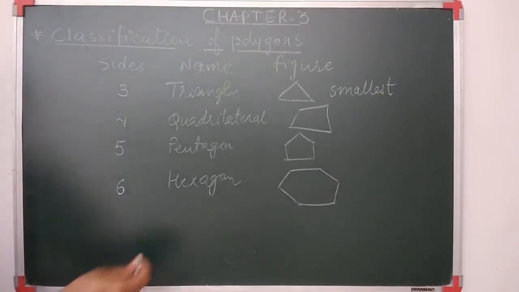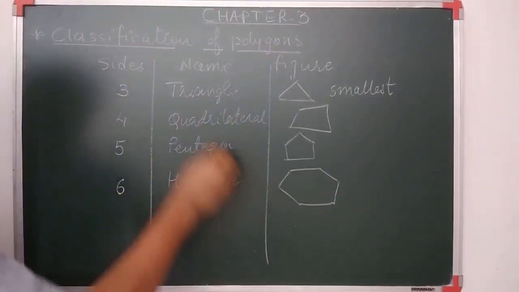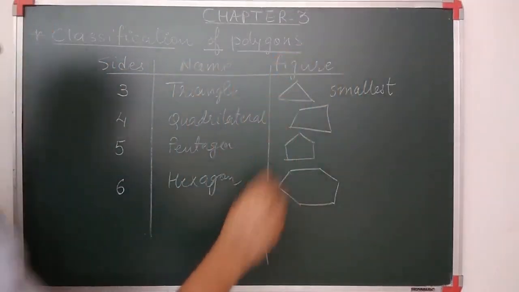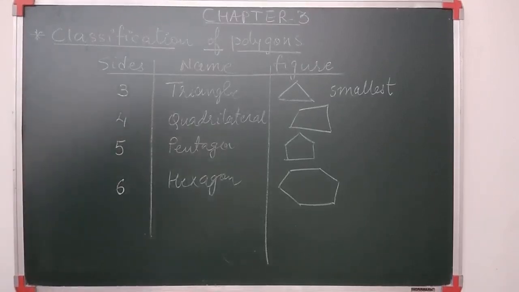So like this, 7 is heptagon, 8 is octagon, 9 is nonagon, 10 is decagon, and if it has n number of sides it is called an n-gon. So this is the classification of polygons based on the number of sides and number of vertices.